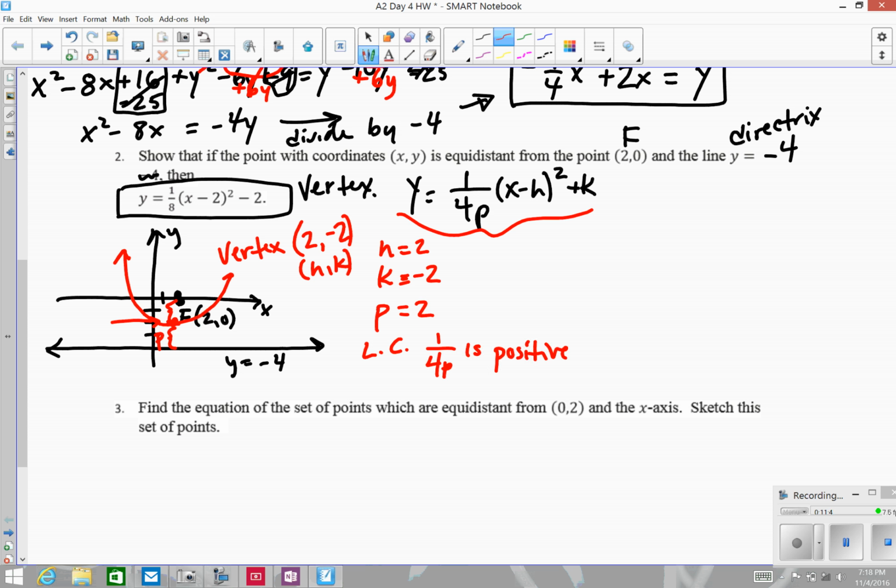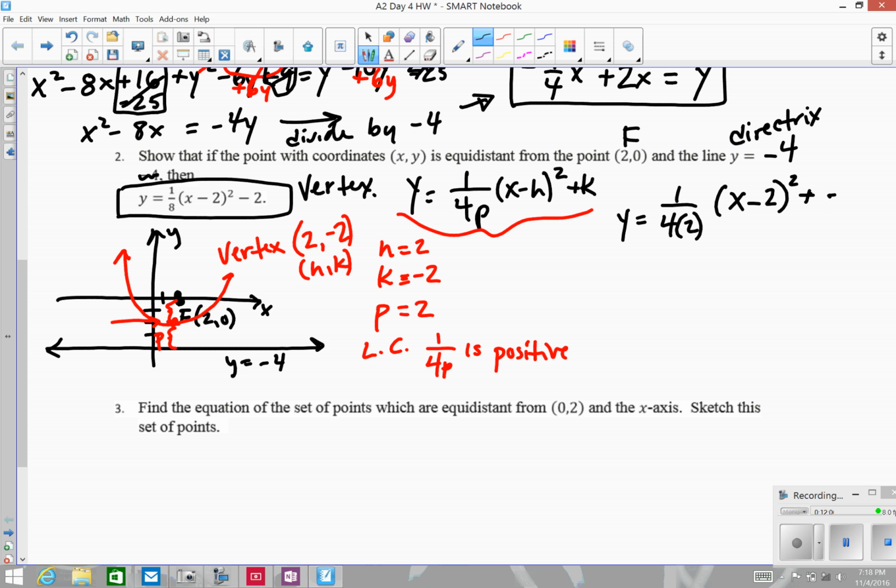Now I can just substitute in my values for h, k, and p into my equation, and I will do that as y equals 1 over 4. P is 2, so I'm going to multiply that p by 2 and have x minus h, H is 2, quantity squared, plus k.